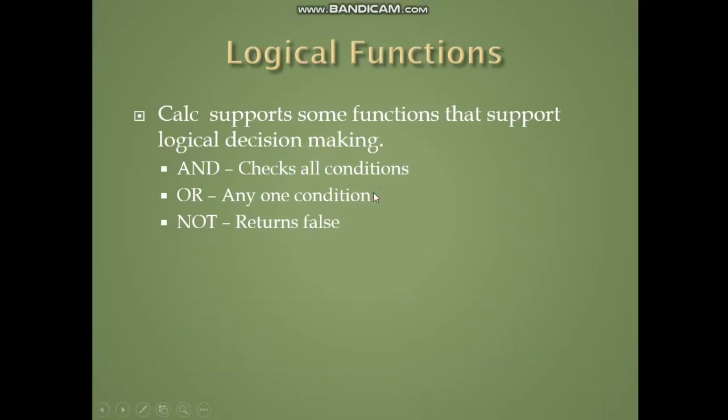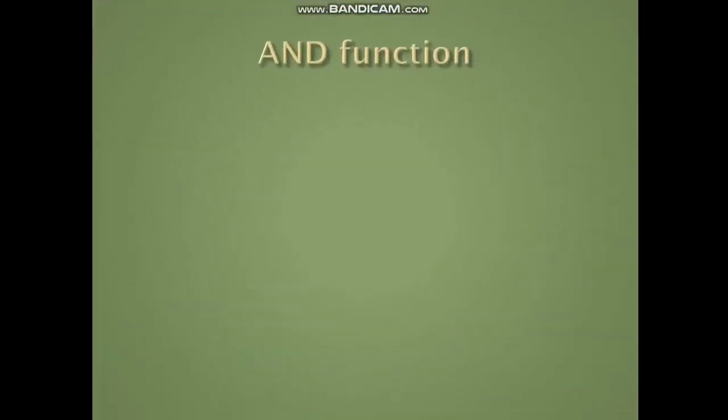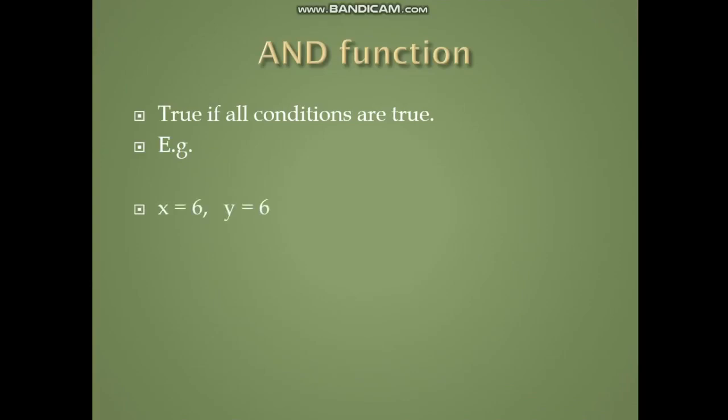Logical functions. So AND function, as I told you, will check all conditions. When all conditions are true, then whatever you want to execute from the true part you can execute. Let's say two conditions are there, x and y having 6 values.